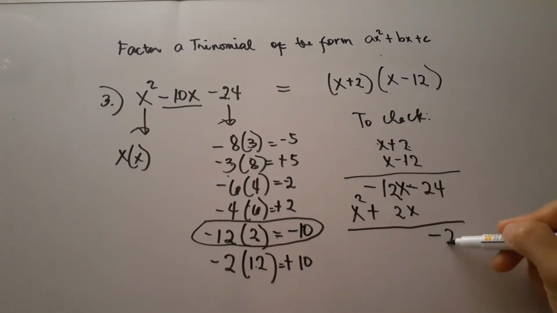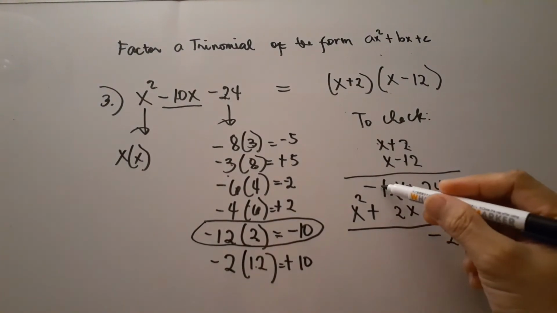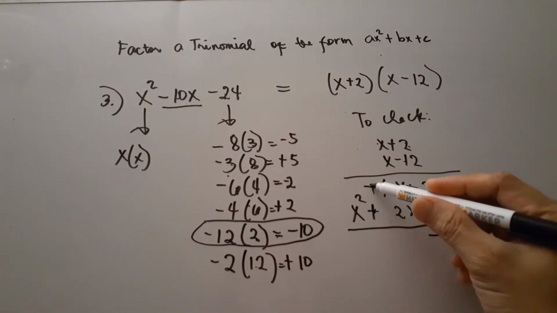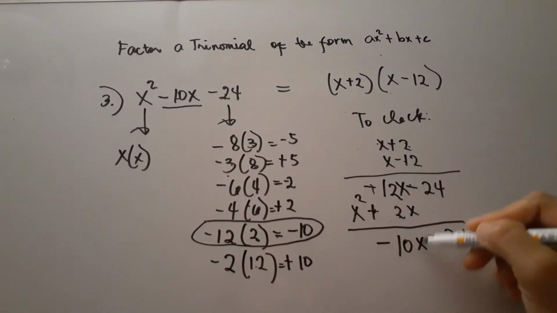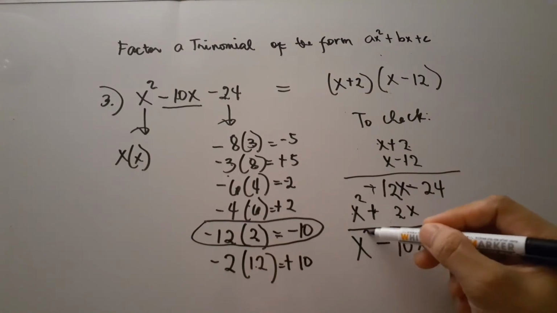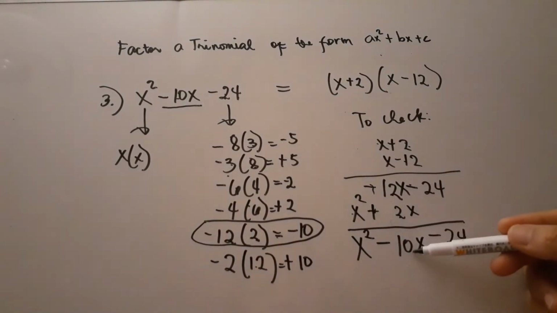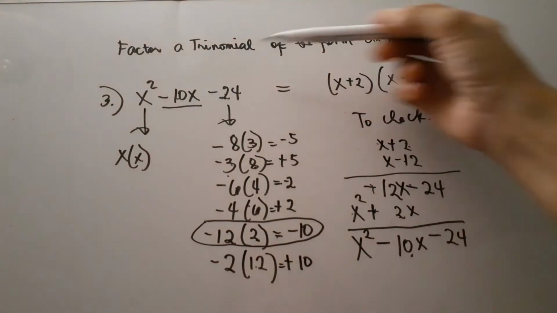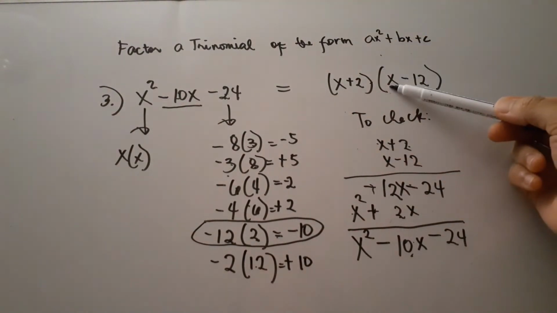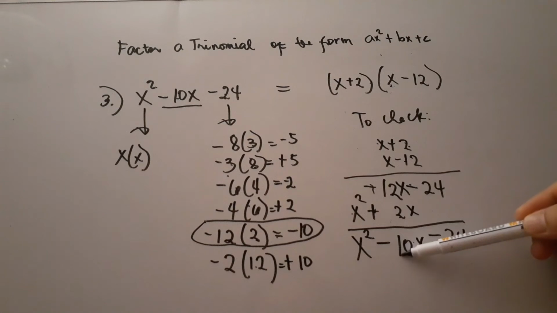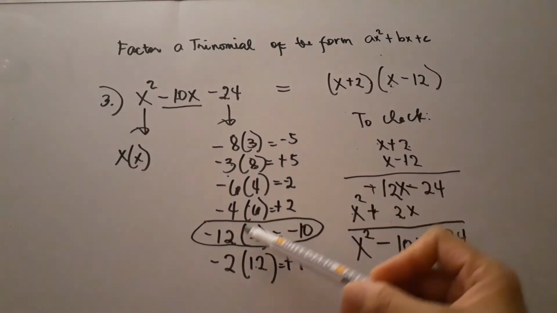Then negative 24, negative 12x, positive 2x. Remember, the largest value is negative, so we have negative 10x. Since it is the same as the given, our factors x plus 2 times x minus 12 are correct.